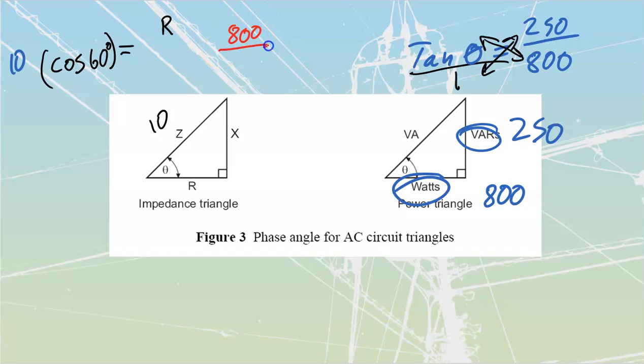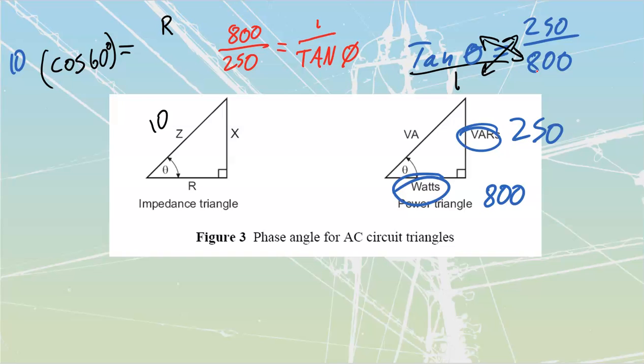It would say 800 over 250 is equal to 1 over tan theta. Sometimes I make little spelling mistakes as I'm writing tan theta. And that would be me just cross-multiplying everything back and forth.